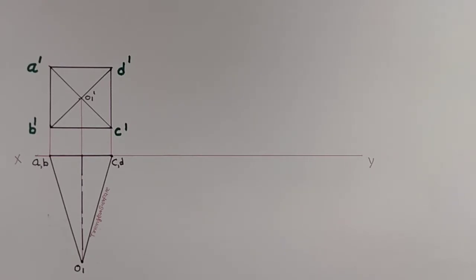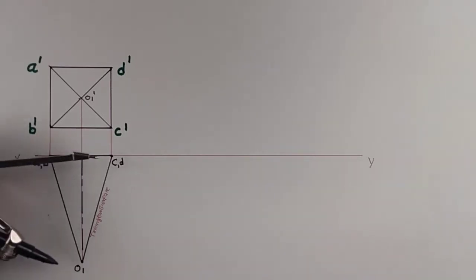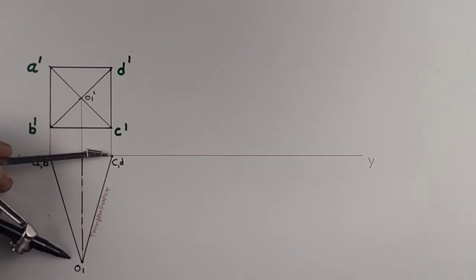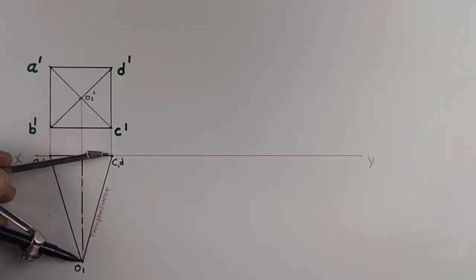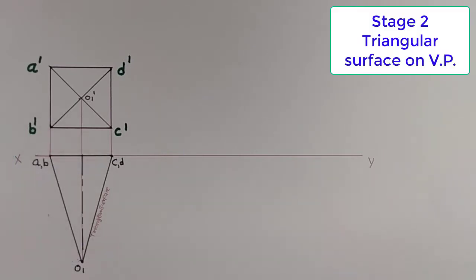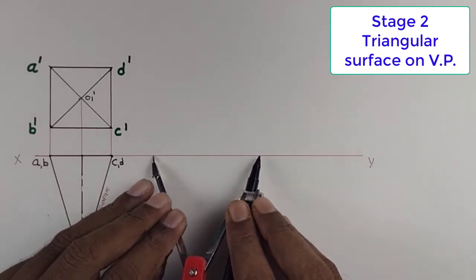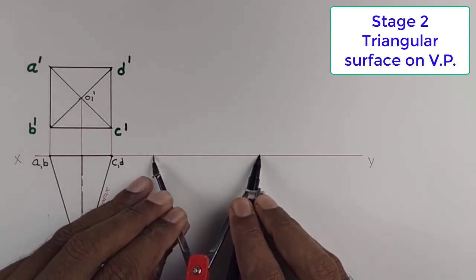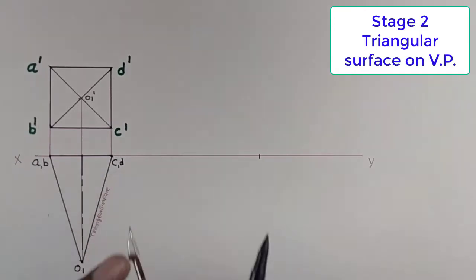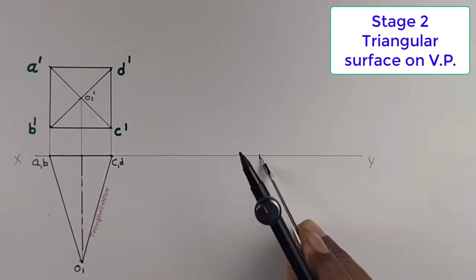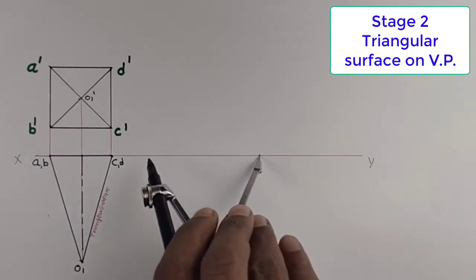So first off, we have considered here the triangular surface CDO1. I take the radius of distance CO1 and we keep it on XY line, because triangular surface on VP means its top view is on XY line.